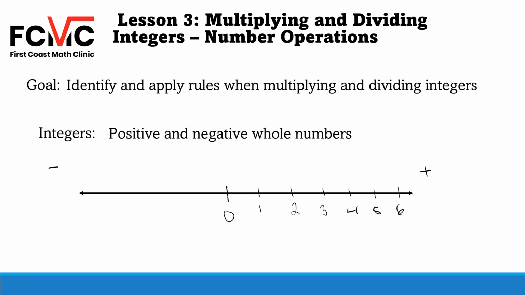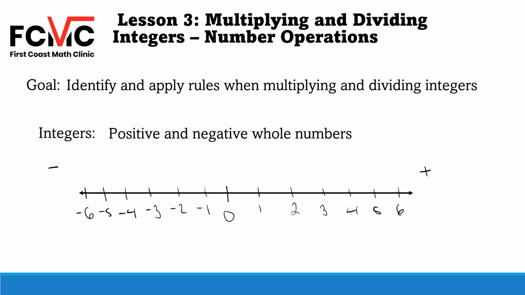Negative values are going to be the negative equivalents of our positive. So -1, -2, -3, -4, -5, and -6. And you notice we don't have any decimals or fractions, so just positive and negative whole numbers. So these are the numbers we're going to be performing our operations on.